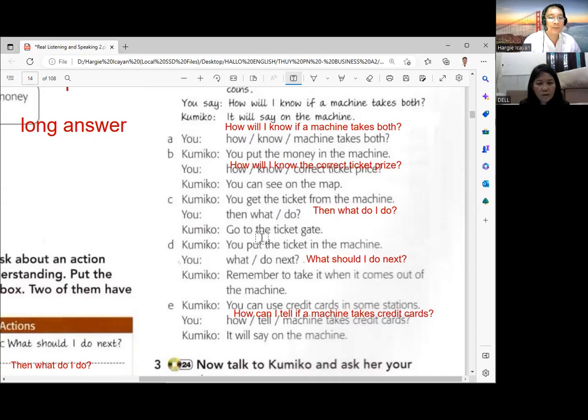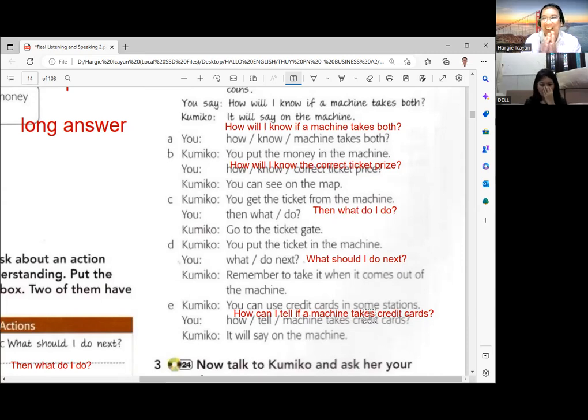Go to the ticket gate. You put the ticket in the machine. What should I do next? Remember to take it when it comes out of the machine. You can use credit cards in some stations. How can I tell if a machine takes credit cards? It will say on the machine.